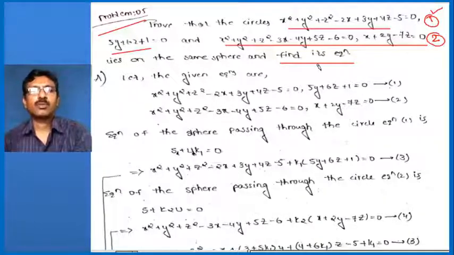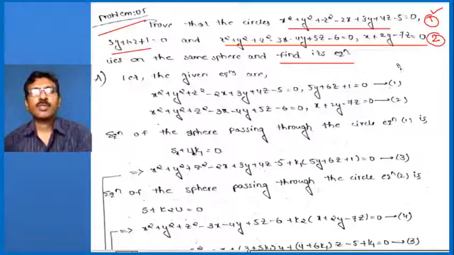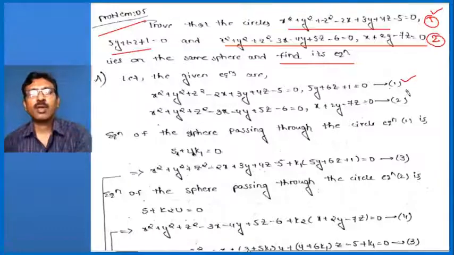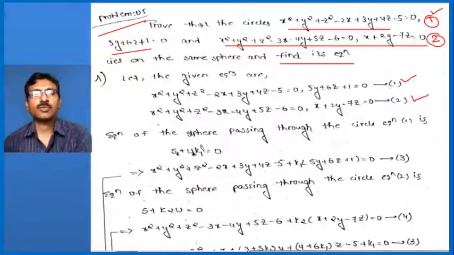Here we follow the method that we write two spheres passing through the two circles: the equation of the sphere passing through circle 1 and the equation of the sphere passing through circle 2.